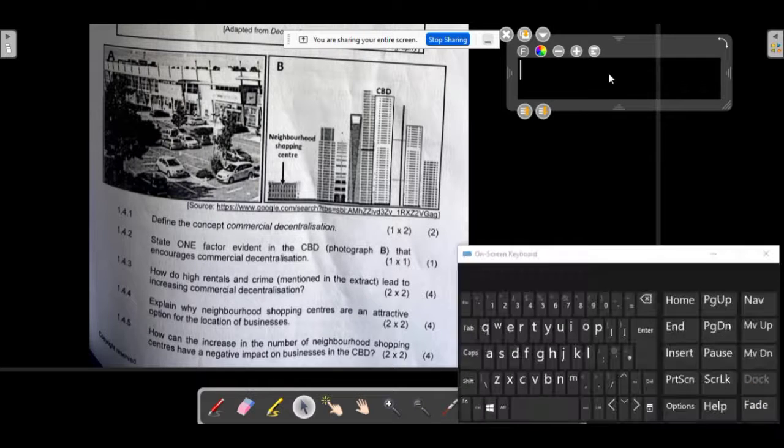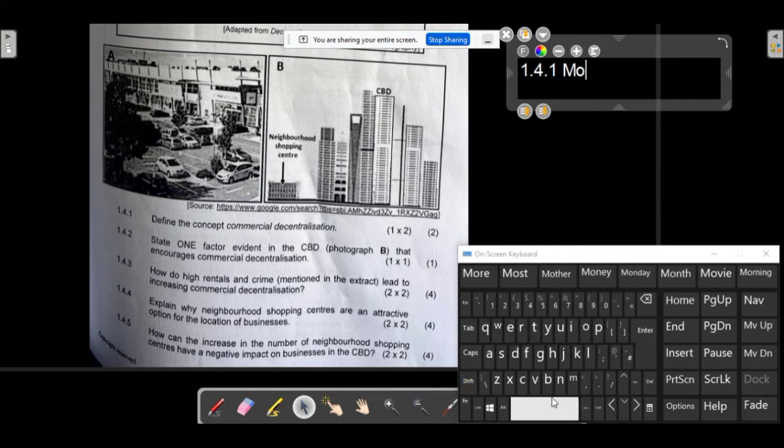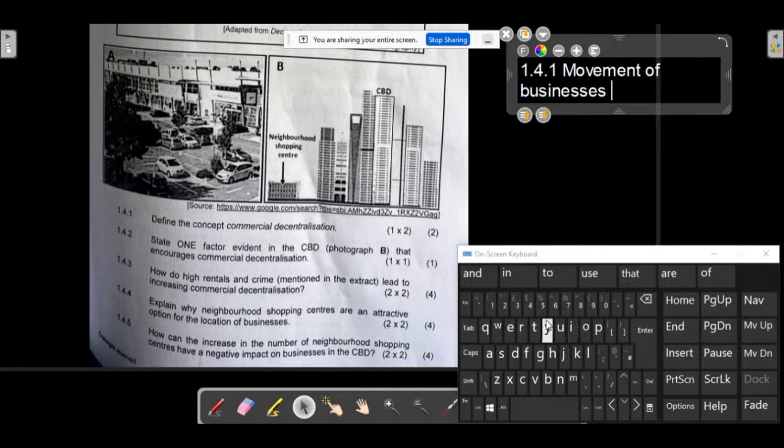So here we have 1.4.1, and it says define the concept commercial decentralization. This is a definition, it's 2 marks. So this is, of course, the movement of businesses away from urban centers.